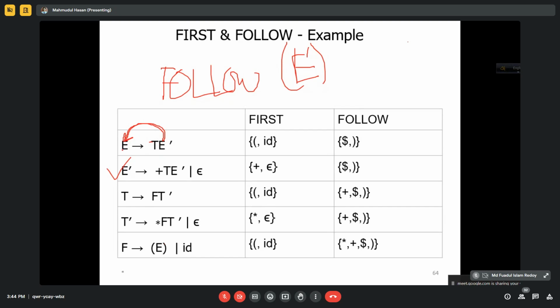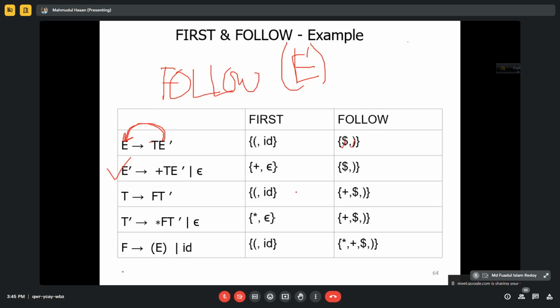Sir, is it also a rule? Yes, this is one kind of rule. If the target letter is the last letter, then we need to look at the left hand side. And then the follow of E dash equal to follow of E. So what is the follow of E? The follow of E is equal to dollar and a closing first bracket.